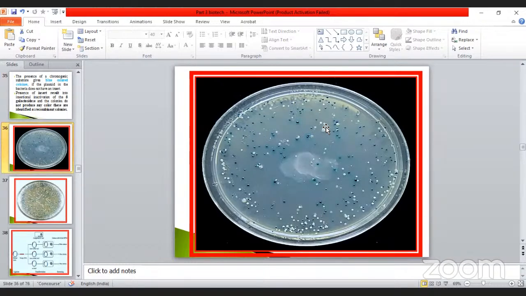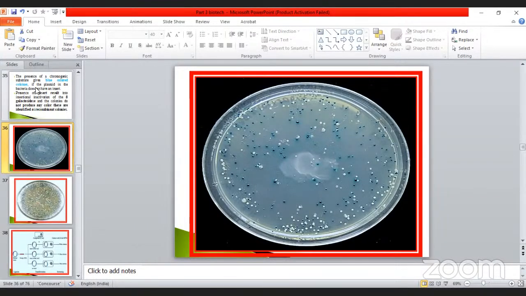See, white patches are also there, white dots, isn't it? Likewise, another one is blue color. These are the two things; then only it can be visible in nature. That's why we use the chromogenic substrate.